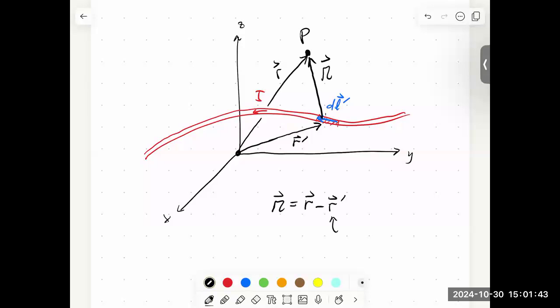This is the vector from the origin to our source. And this is the vector from the origin to our observation point, P. And this is the vector that goes from source to P. All right.